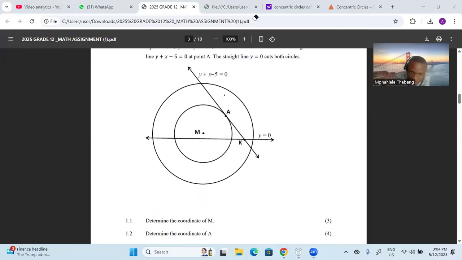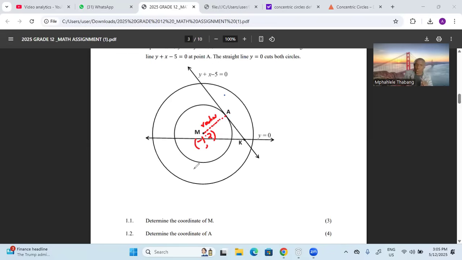Okay, I'm going to draw a line MA, the line from M to A, the line of the radius. This is a radius. And remember the coordinates of M are -1 and 2.